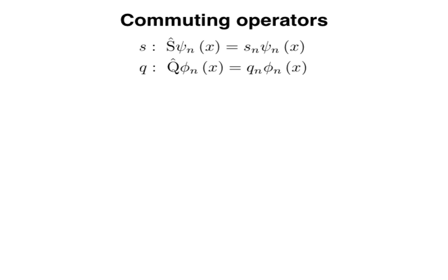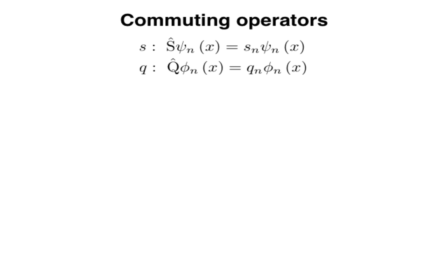The final topic that we need to talk about in this video is that of commuting operators. Let's say we have two observables, small s and small q, that correspond to linear operators capital S and capital Q. The eigenvalues of the operator capital S are S_n, and its eigenfunctions are psi_n.